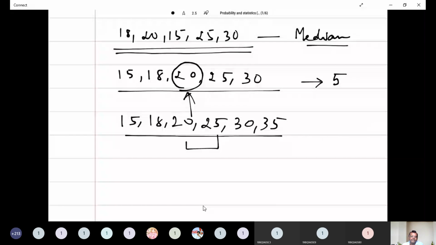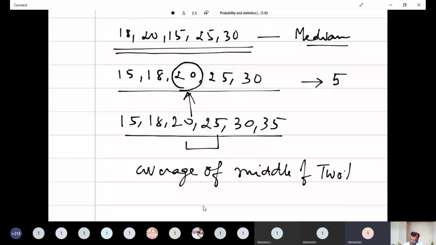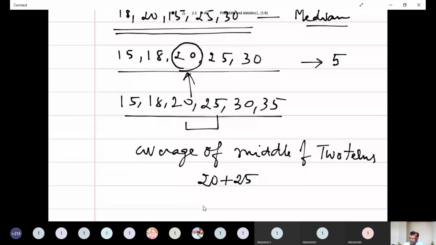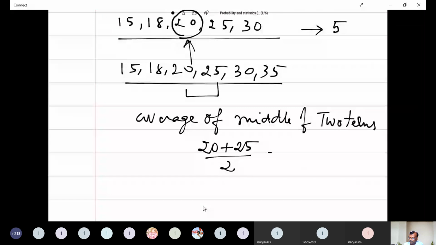The average of the middle 2 terms is called the median. That is equal to 20 plus 25 by 2, that is equal to 22.5, the median of the distribution. These are simple examples related to the median.